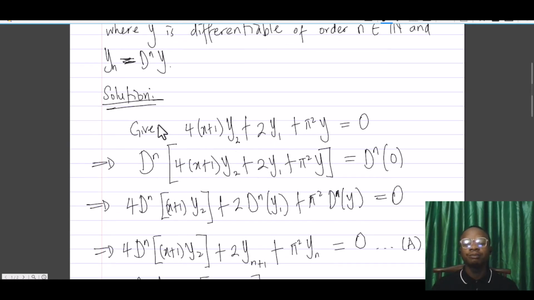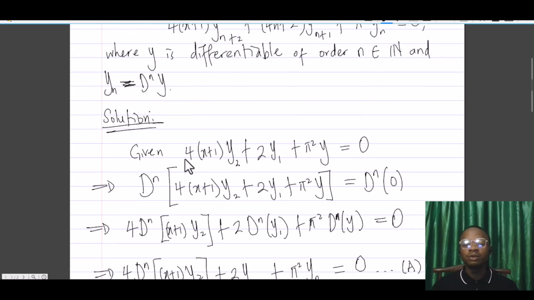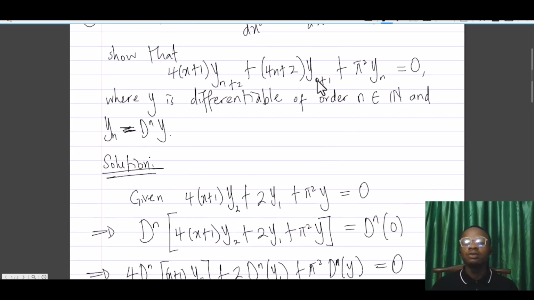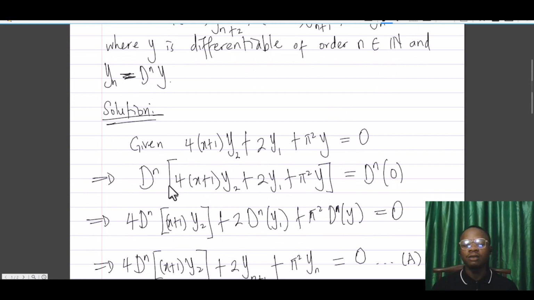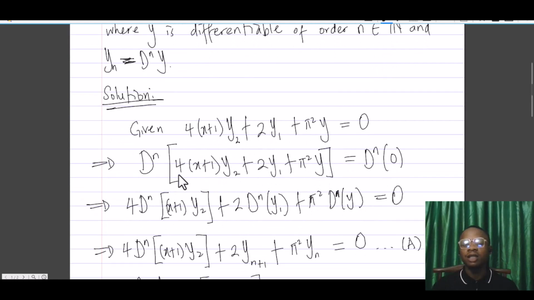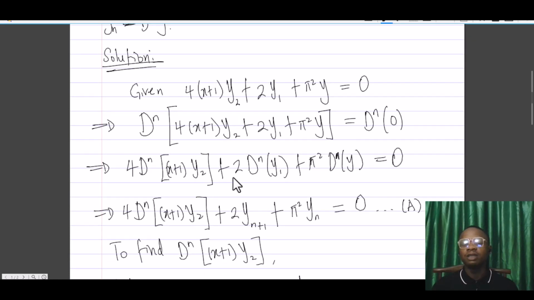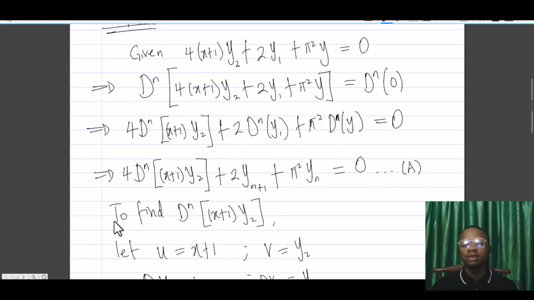And then we know that to move from this expression that we have here to this expression, since we have n here and n here and n here, we think of that already as having to take the nth derivative of whatever we already have. So when we take the nth derivative of both sides, we simplify it to see what it gives us.